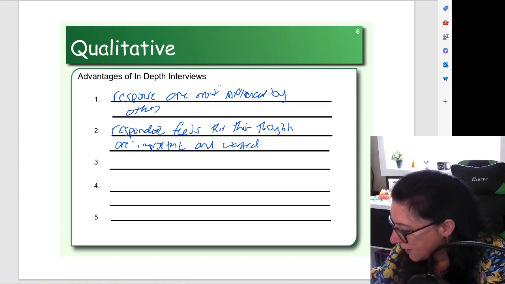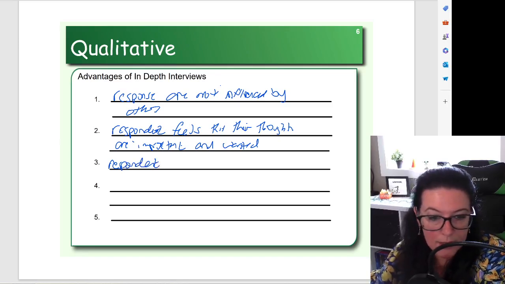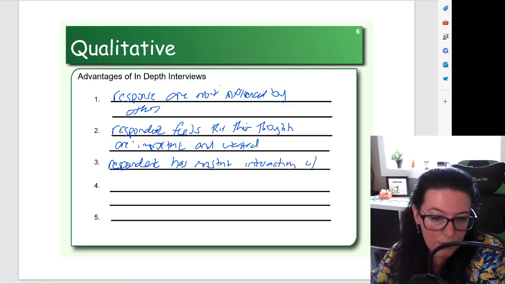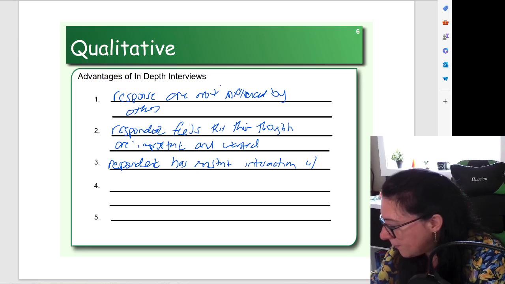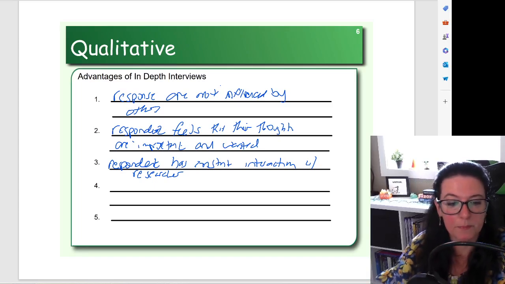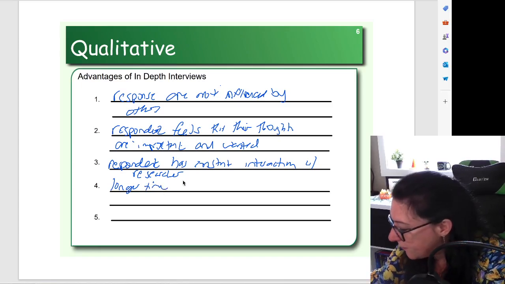So that respondent has constant interaction with the researcher or the interviewer. You can devote a longer time to each respondent.